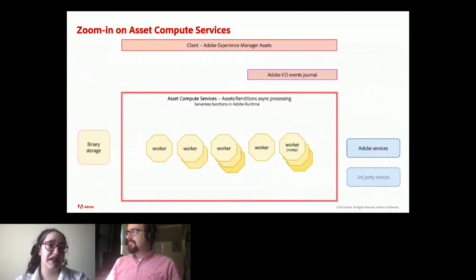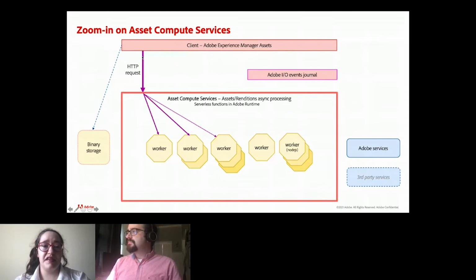Once I have that, now I want to zoom in on how this processing profile is used in the backend, in the cloud part, in Asset Compute Services. So as we've seen before, we have our AEM client, which is going to make HTTP requests using our REST API to Asset Compute Services, but is also going to use a cloud binary storage to store the assets.